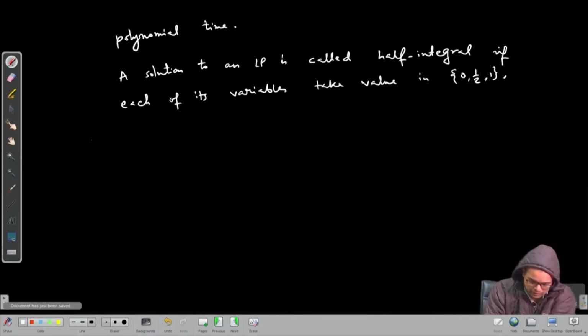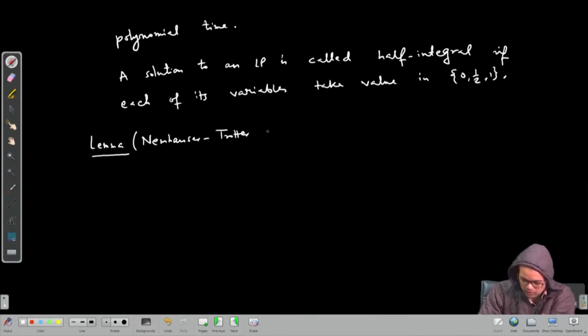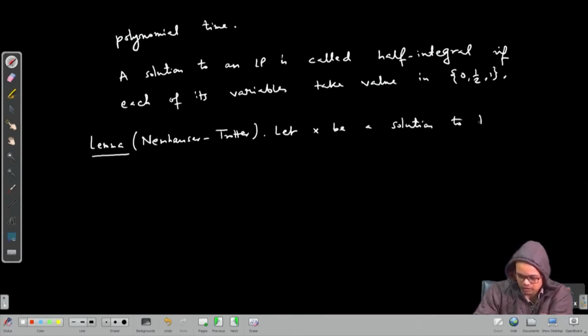So here is the lemma, called the Nemhauser-Trotter theorem. Let X be a solution to the vertex cover LP.